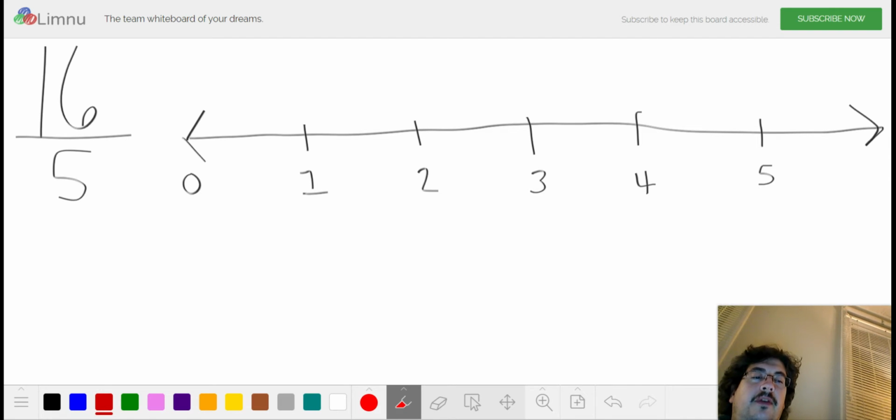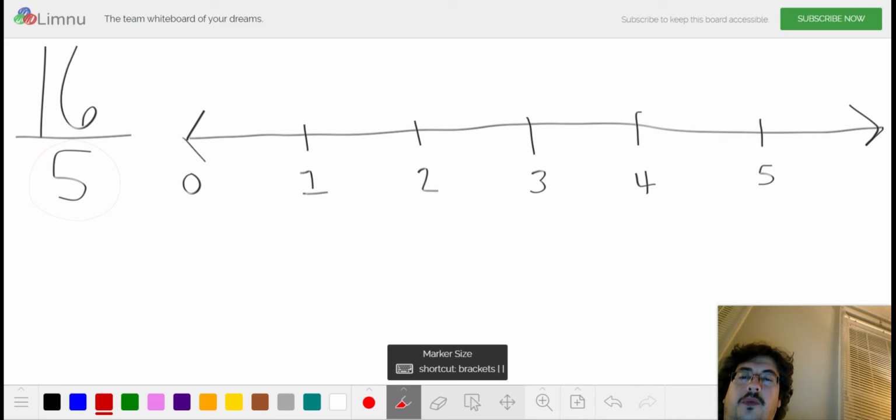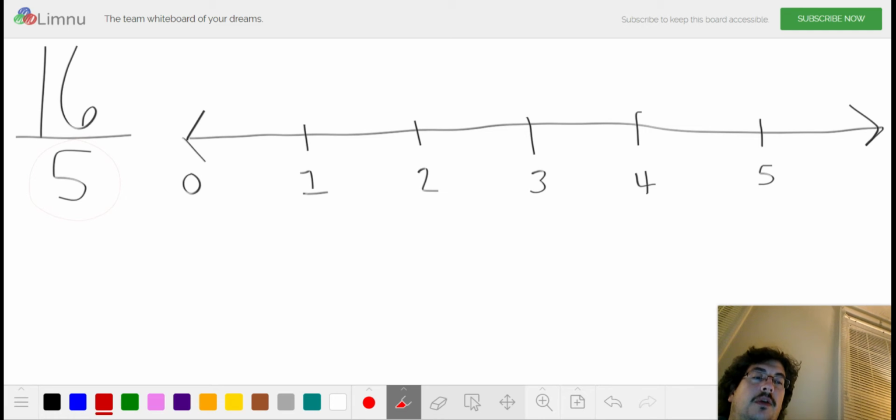But now I want to make some spaces in between each whole number. And this 5 is what's going to clue me in on how many spaces I need in between each whole number. So because the denominator's 5, what that means is we're dividing each whole number into 5 equal spaces.